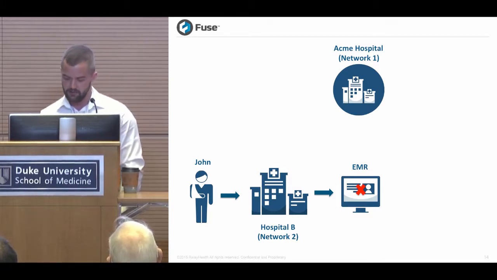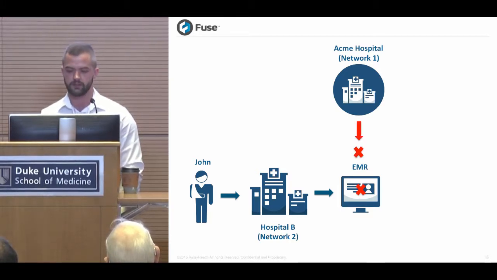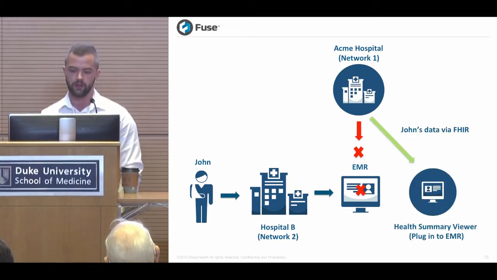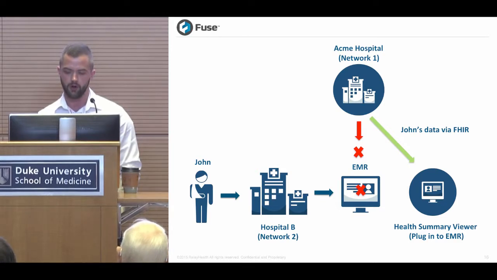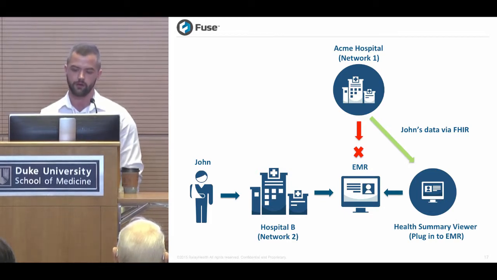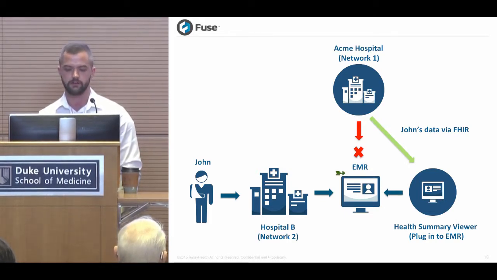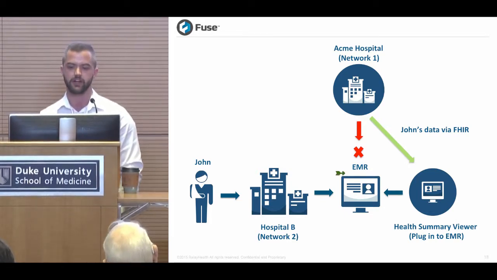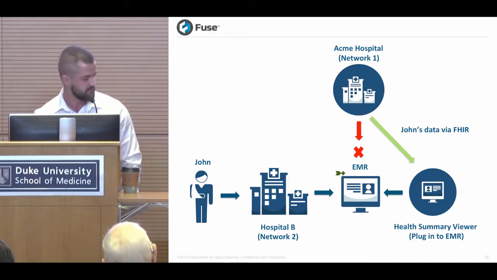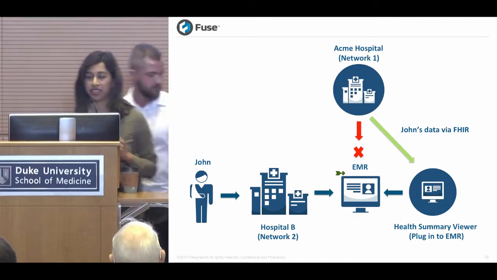John's data is in network 1, Acme Hospital. It's not shared. So using the health summary viewer, we can plug in to the Cerner EMR, and using FHIR, we can have a view into John's data across the entire network to give basically an aggregated view of John's patient data for the physician.